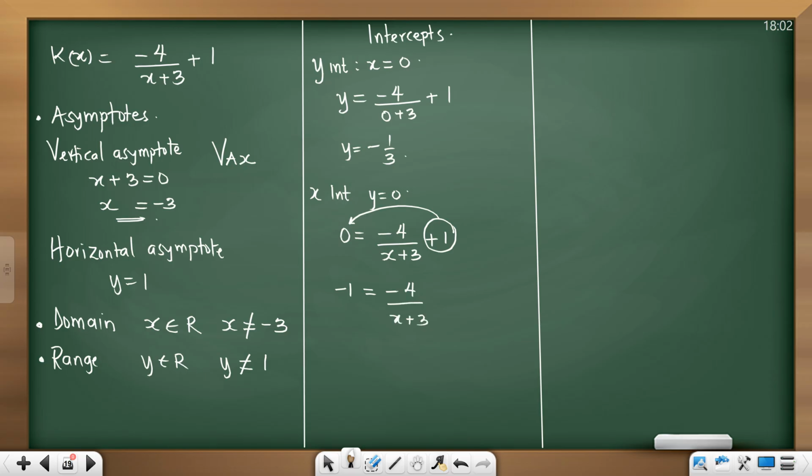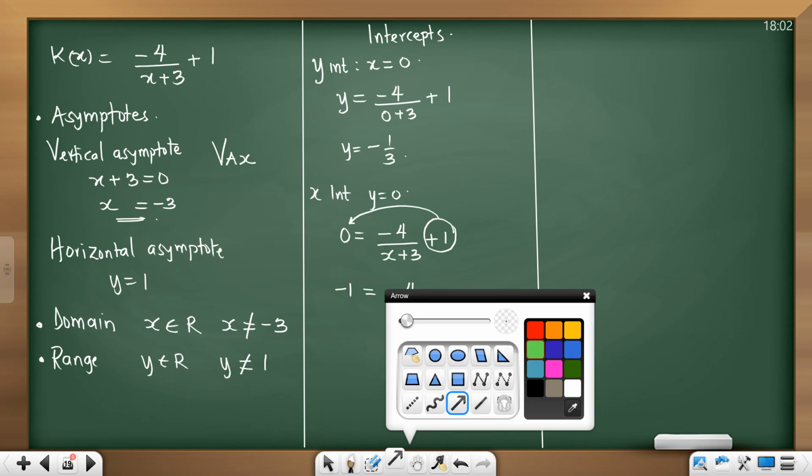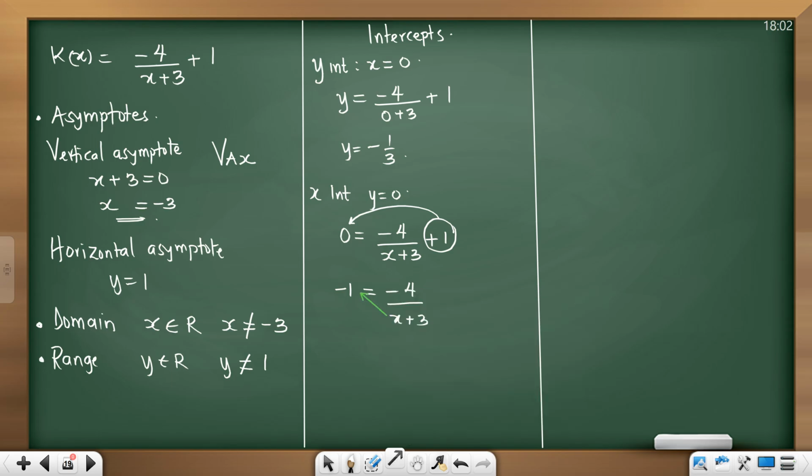That's step 1. Step 2. I do something crazy here. I'm going to move this here and move that there. X plus 3. I'm just switching places. Negative 4 over negative 1, which is 4. Now move the 3 over.